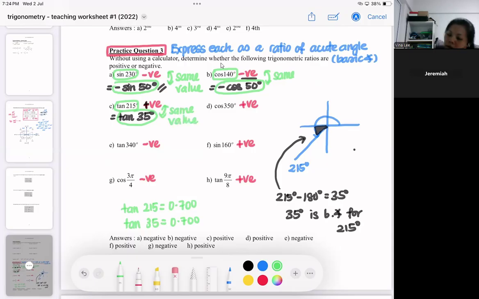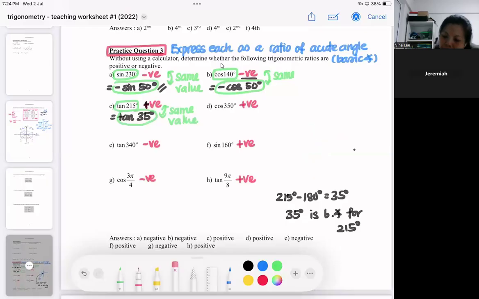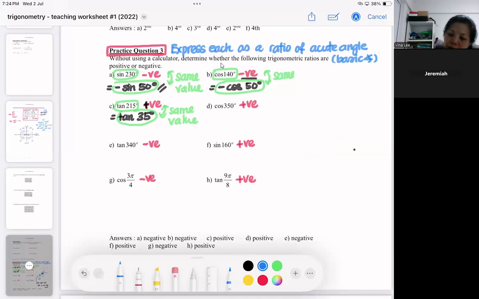Okay. Then Jeremiah, what is the basic angle for 350? So the next one is 350, right? Who do you think is the basic angle for 350? So 350 is fourth quadrant.